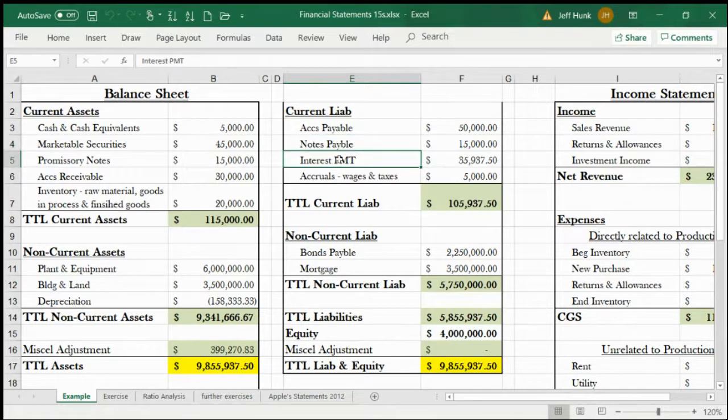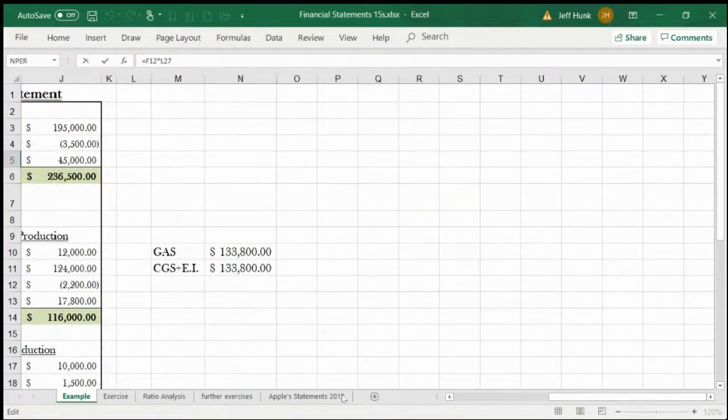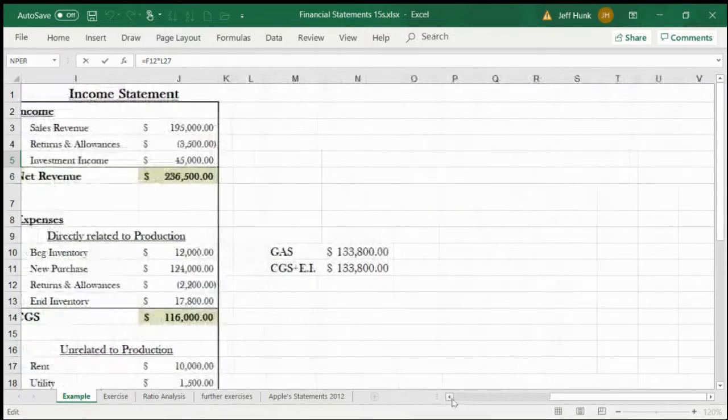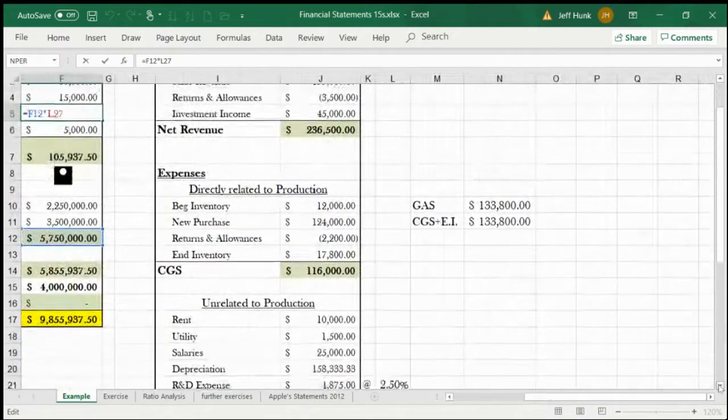Now, it's quite obvious what interest payment is, because when you have long-term debt like bonds and mortgage, you'll have to pay interest, right? And let's see how this interest was calculated. It is a certain percentage of that. So F12 is total non-current liabilities. L27 is the interest rate that was assumed here, I believe, in the income statement, right?